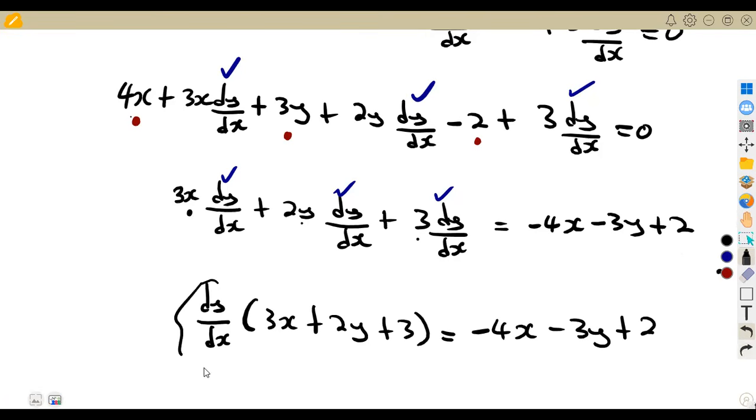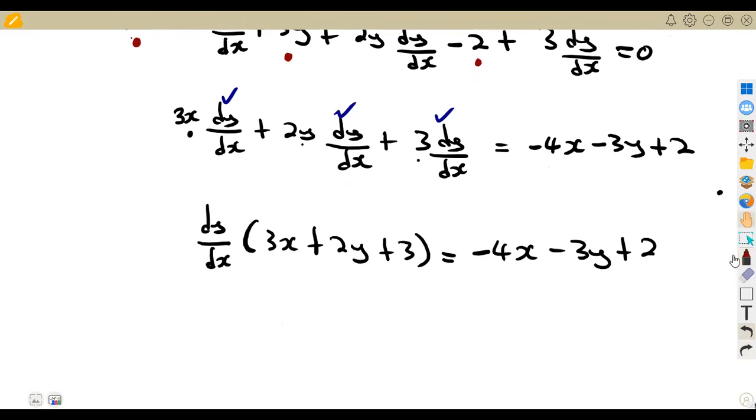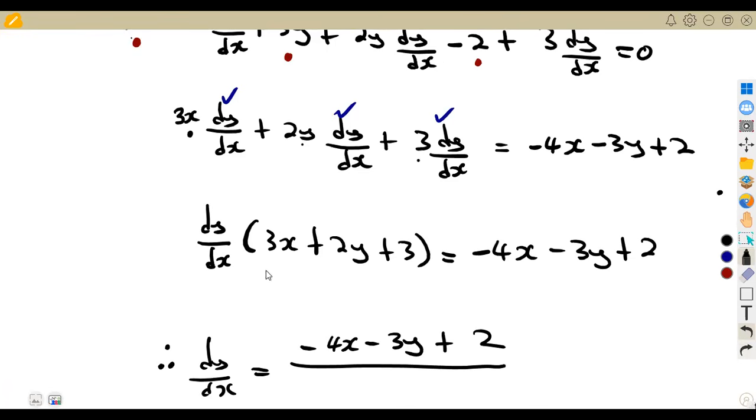Having this, we can see that dy/dx is now left as a single term. So you divide by this whole bracket so that you remain with your dy/dx. So therefore, at the end, we shall say our dy/dx is equal to minus 4x minus 3y plus 2 over the whole bracket that we have of 3x plus 2y plus 3.